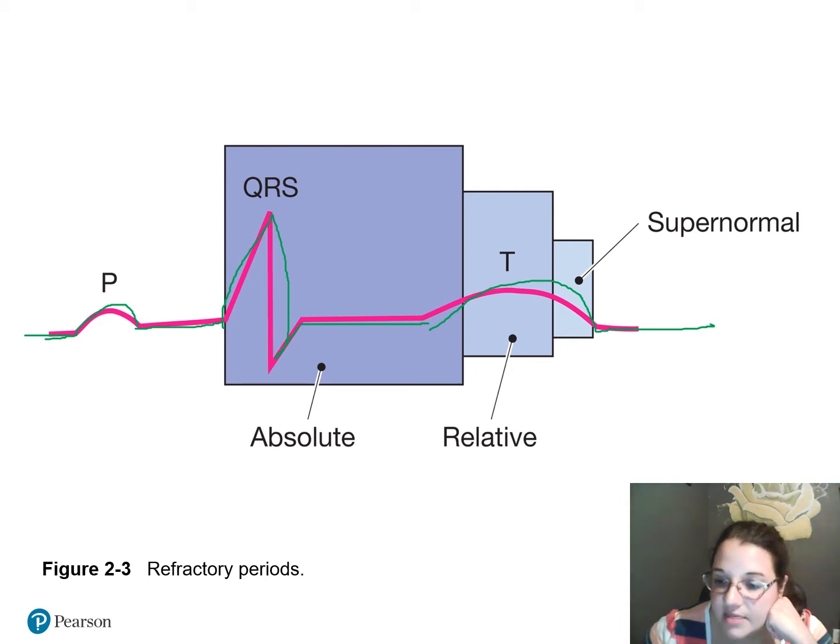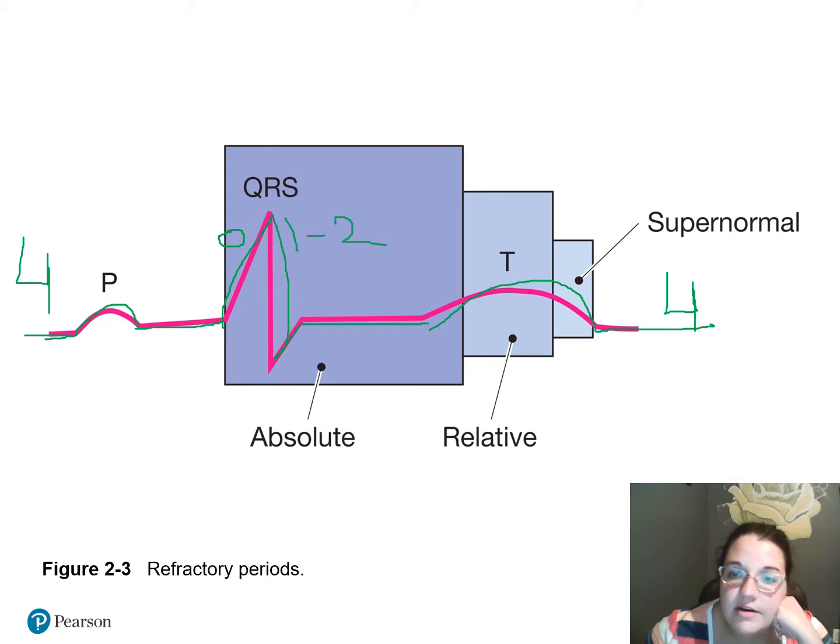If I wanted to label my action potential, I would have 4 here, which is polarized, 4 here, which is depolarized. I would have phase 0 here, phase 1 and 2 here, and then phase 3 here. So this is depolarization, early repolarization, rapid repolarization, and polarized.